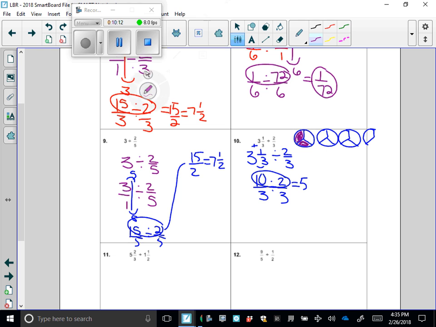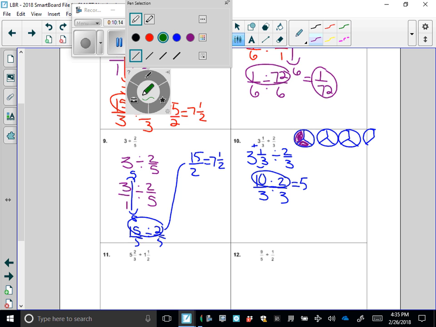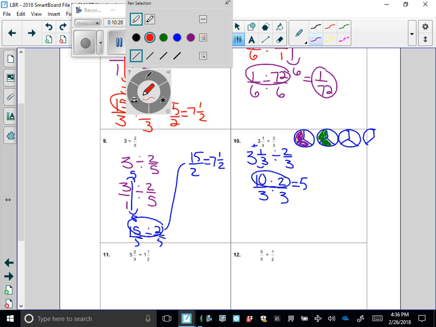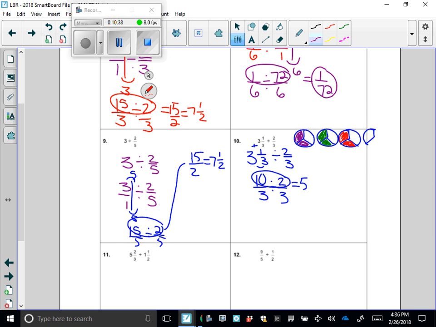And this is 2/3. So that's 2. And this is 2/3. So that's 3.